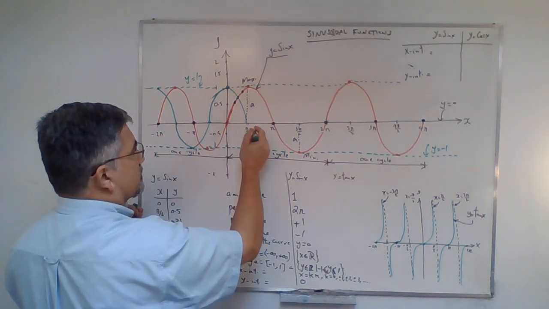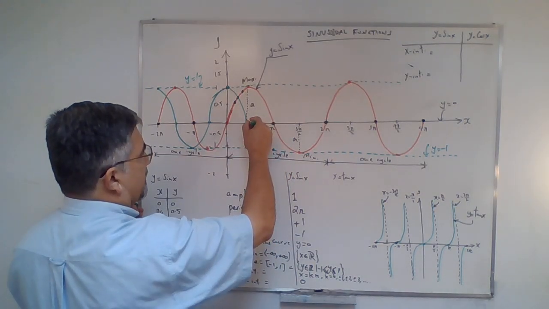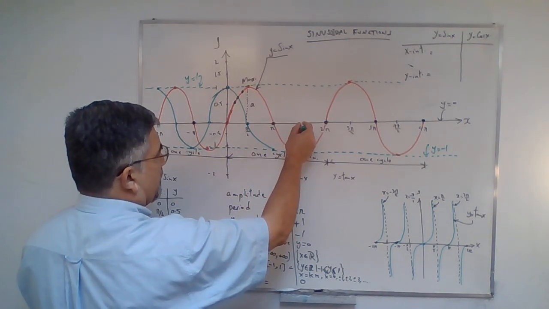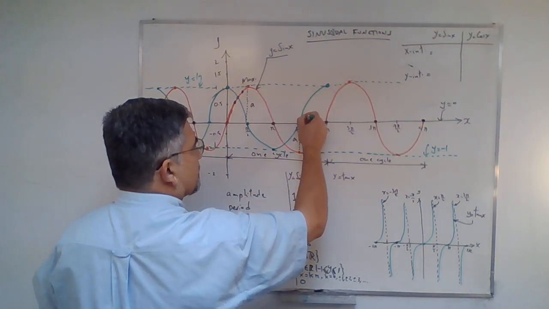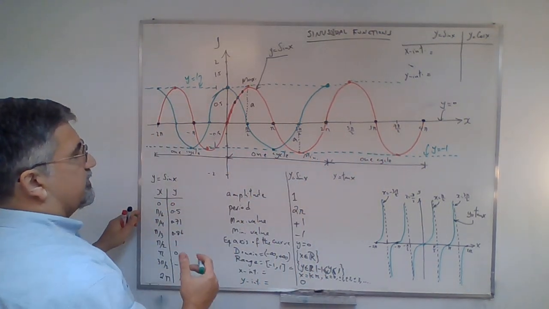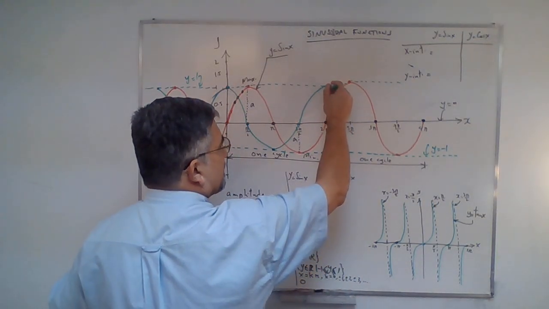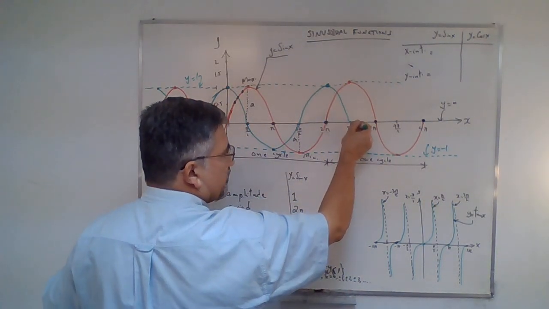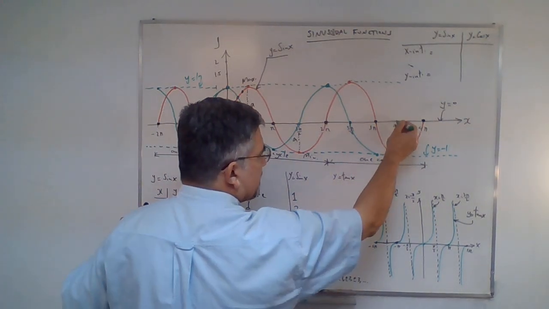So shifting it this way, and here we're going to have the minimum. Here we're going to have it like this. Every single part of the graph is horizontally being shifted to the left by 90 degrees, or pi over 2 radian. So that's what I'm doing right now.